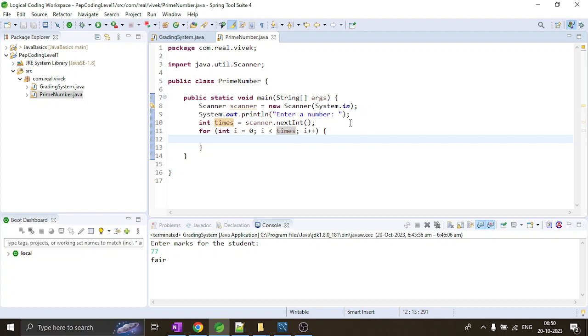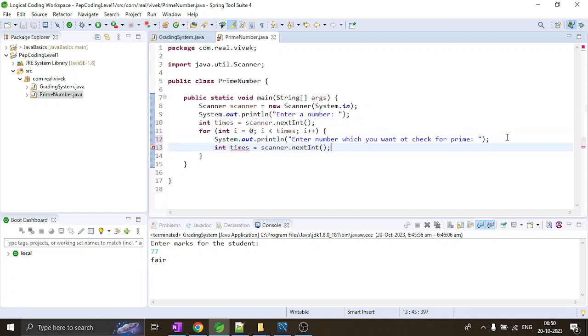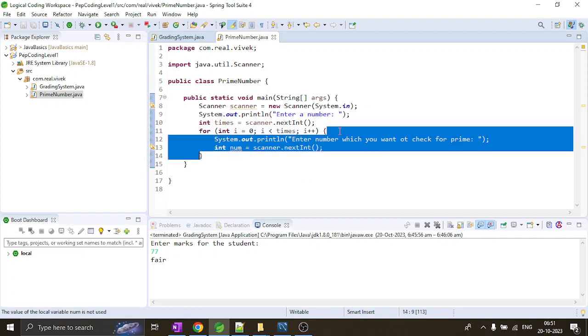Okay, so for i equals 0, for all these times we have to take the input, then we will take this as the input as num, and we need to check if this num is prime.